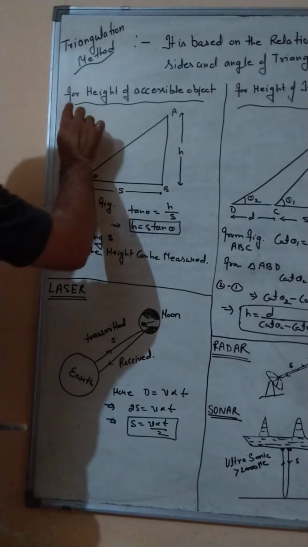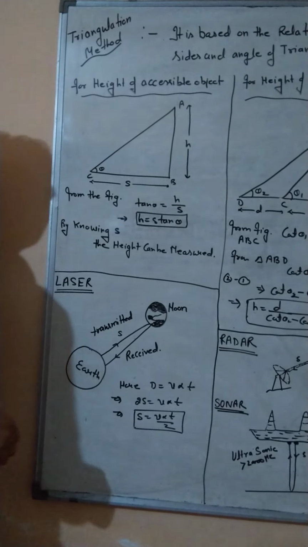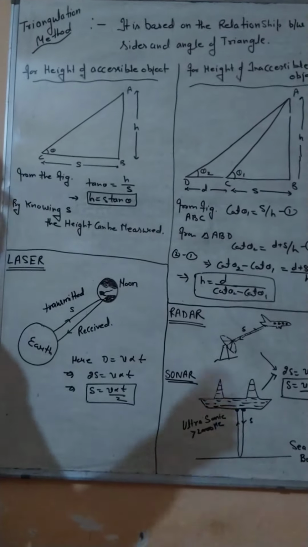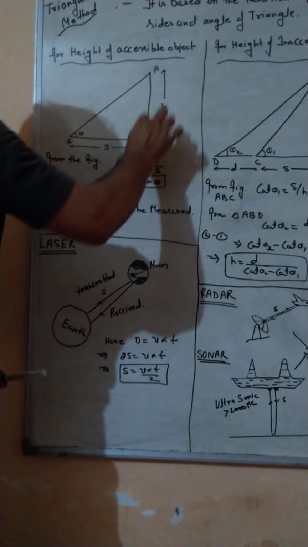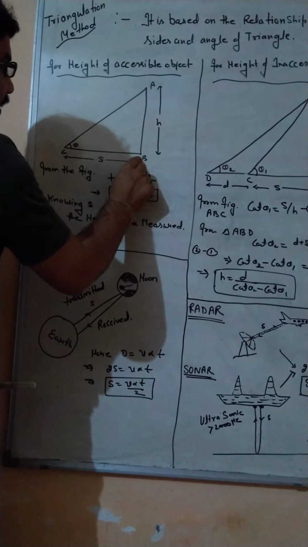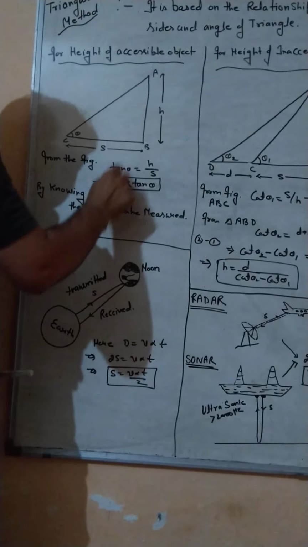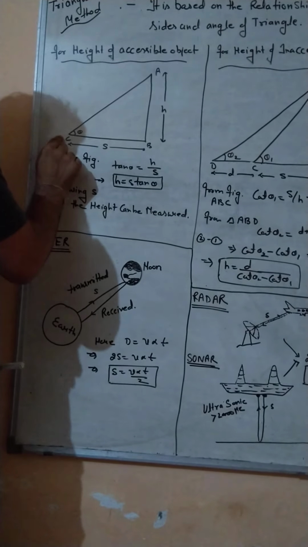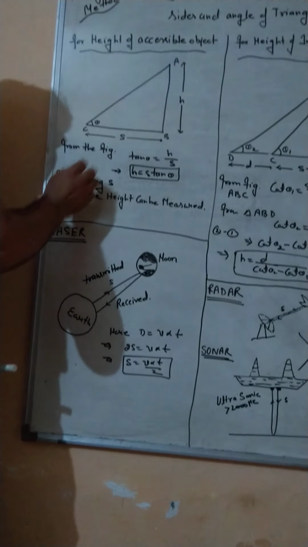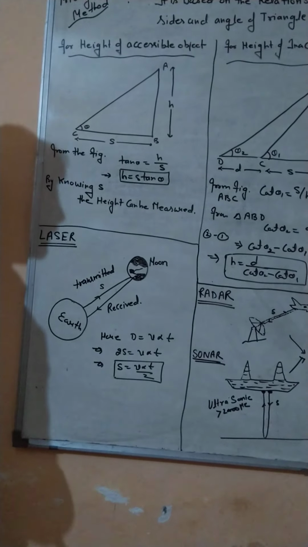For finding the height of accessible objects, let h be the height of an object which is to be measured, shown here as AB. From the foot of the perpendicular of that object, at a distance s, we select a point C at which we will stand and use a sextant.